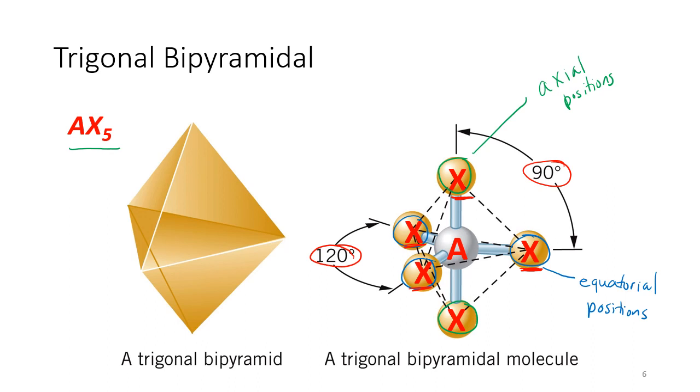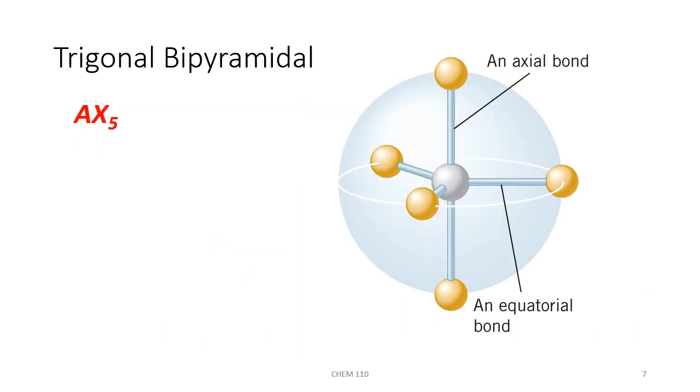So often the bond angles are listed by saying 90, 120. This image shows a simplified trigonal bipyramidal structure, so you can see those axial positions, 1 up and 1 down, and the 3 equatorial positions all lying within that trigonal planar plane.